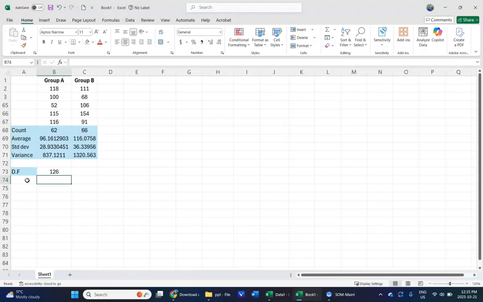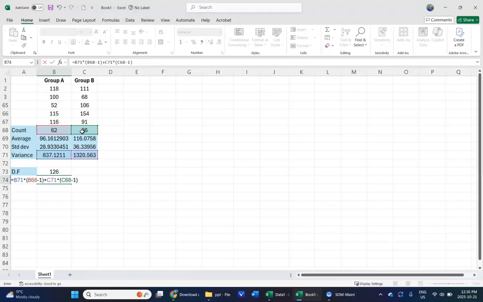We then need, in order to go through this, the pooled variance. Let's put that over there. Pooled variance estimate. This is a formula that you have in your formula book. It's the variance of group A times sample size minus 1, plus doing the same thing for group B, the variance times sample size minus 1.